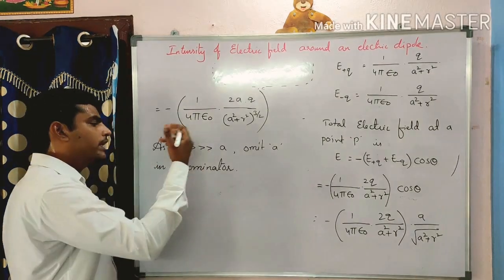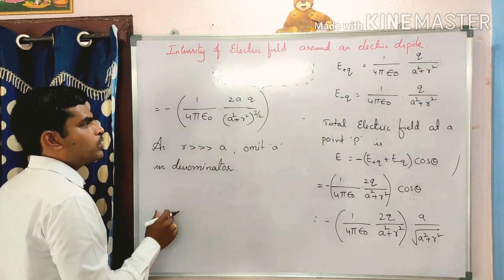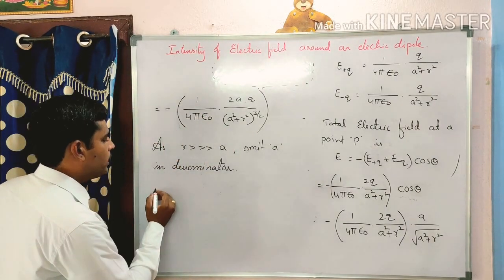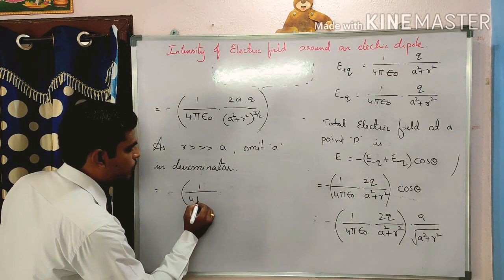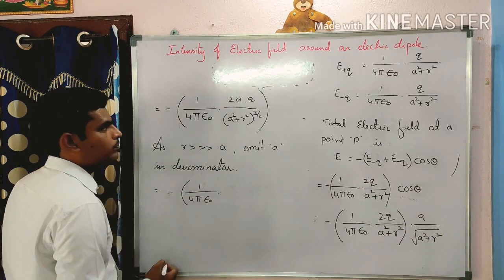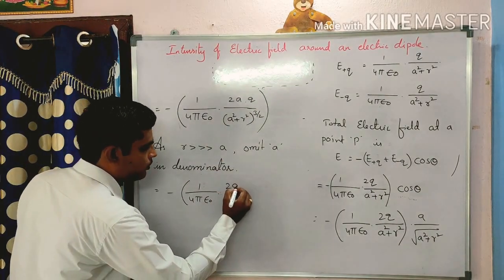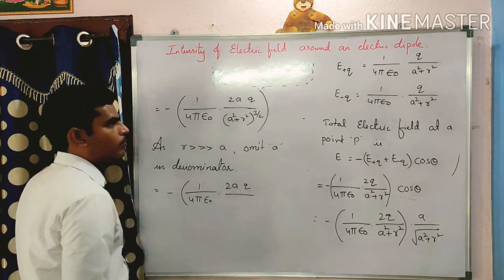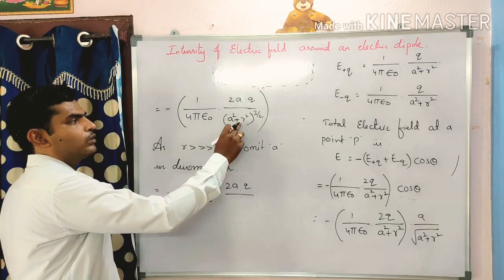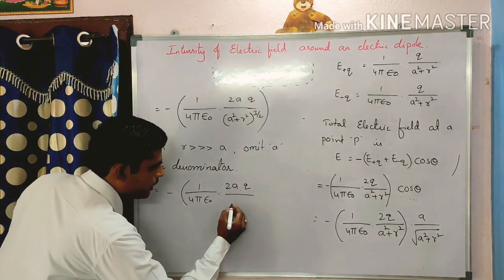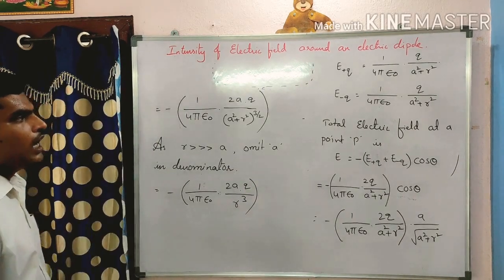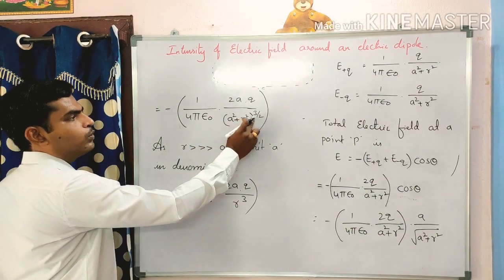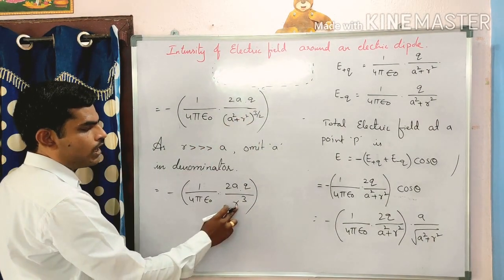That's why we can omit A. Then we get minus 1 by 4 pi epsilon naught 2AQ by R square to the power of 3 by 2, that is R cube.